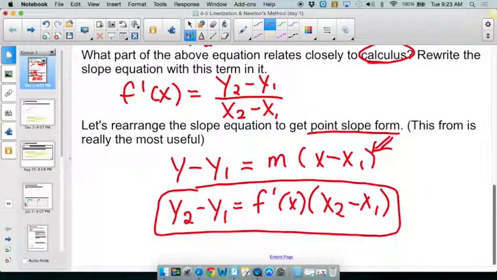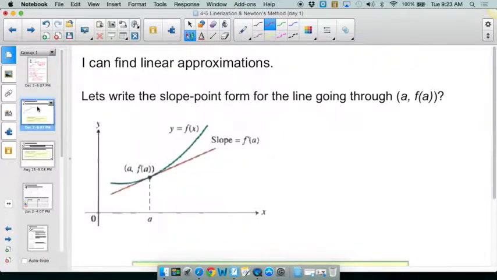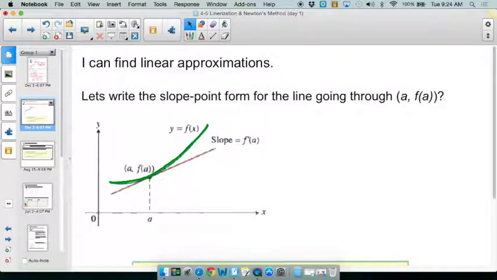So what does it mean to linearize? Well, if I'm going to linearize, I better end up with that line. And so if we start with this function here, and we want to linearize this function, what we're saying is we're going to come up with literally an equation for a tangent line at a particular point.